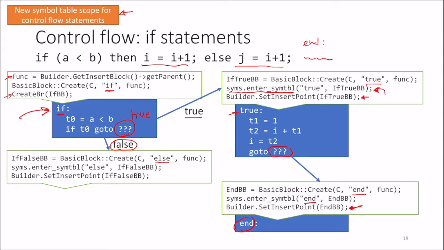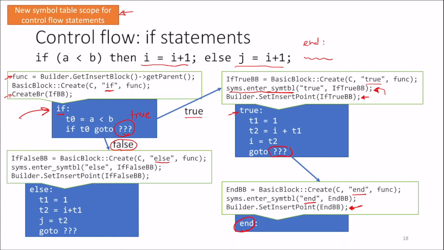If false would end up going to end because now you can start doing the statement after the if. In this case, the else is doing j equals i plus 1. You can see this is computing i plus 1, and then this is assigning j the value of i plus 1. Once I'm done with this, I need to go to the end, and we can just fall off the end of this else into the end. So we would just connect up the else basic block or if false basic block directly to the end basic block.